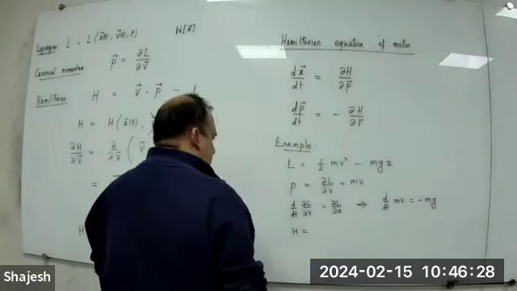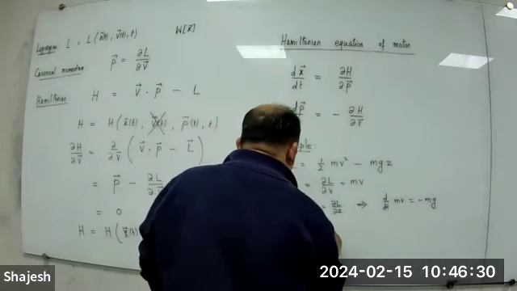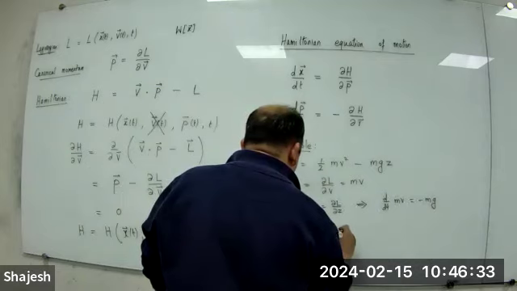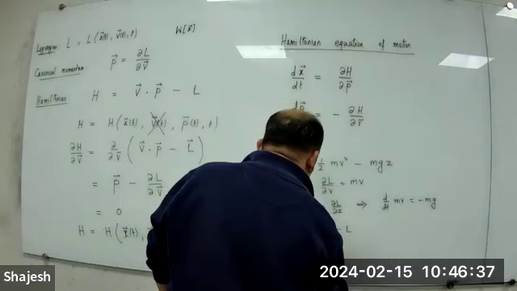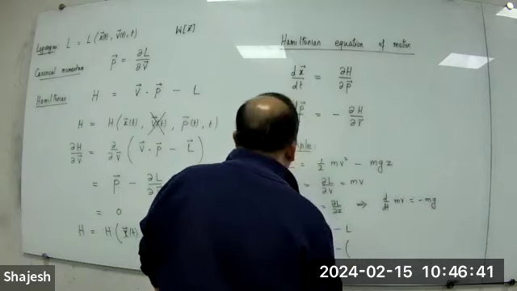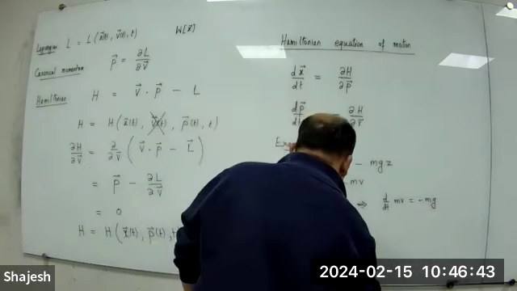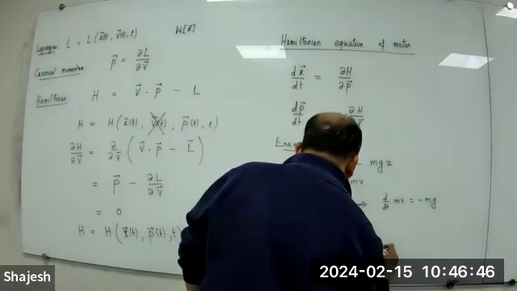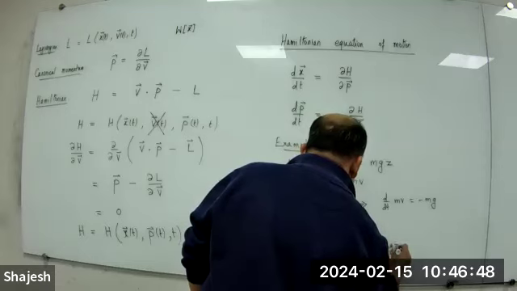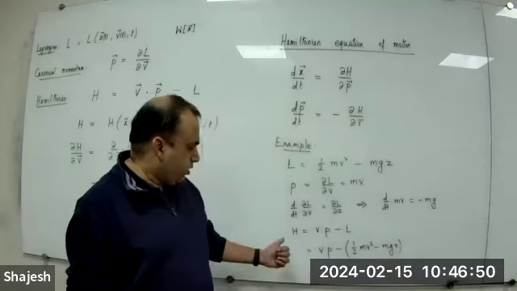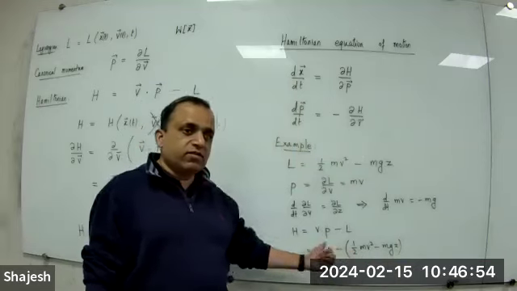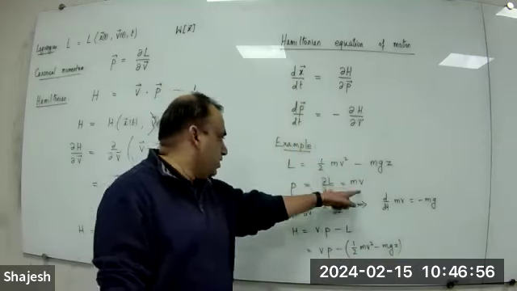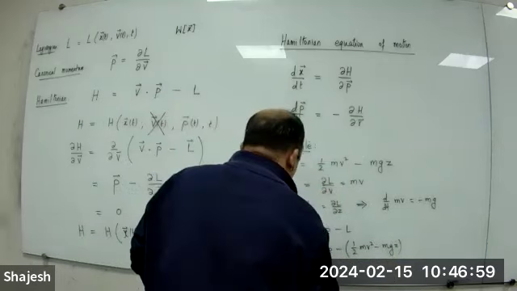But then you do the Hamiltonian. The Hamiltonian is equal to v times p minus the Lagrangian, which is half mv squared minus mgz. As I said, the Hamiltonian cannot have velocity. You have to replace velocity with p at this point. v is equal to p over m.